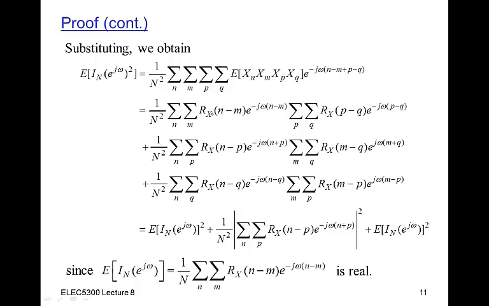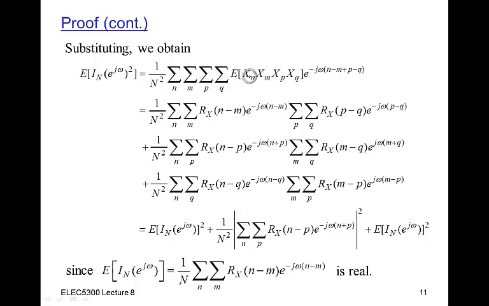So in the first term here we had n minus m, and so I'm going to pull out the n minus m over here, p minus q, I'm going to get a p minus q over here. I get an n minus p in the second term here, so when I pull out the n and the p here, I get an n plus p actually over here, m minus q, I have an m plus q.